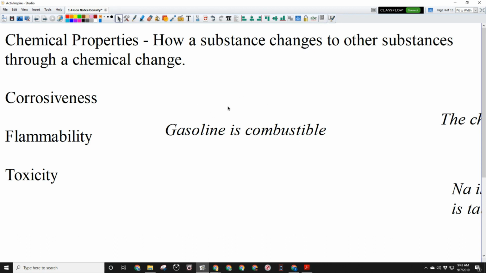So when you see gas combust, it's usually followed with an explosion. All right, so gasoline is combustible. Okay, that's the flammability of it. So that is a chemical property. The gasoline is actually changing into carbon dioxide and water. So it's changing its chemical properties.